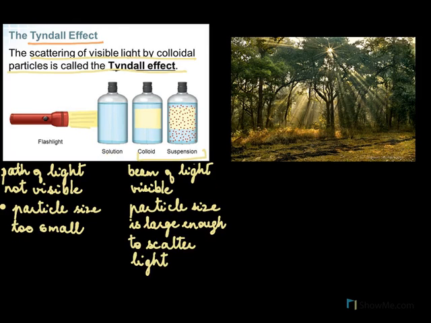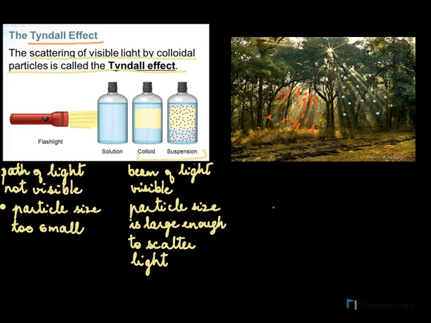Here is an example in this picture of the Tyndall effect. You can see the rays of light coming into the trees, and this is because we have particles of water here, and these particles of water scatter the light. Now the water enters the atmosphere because of transpiration.